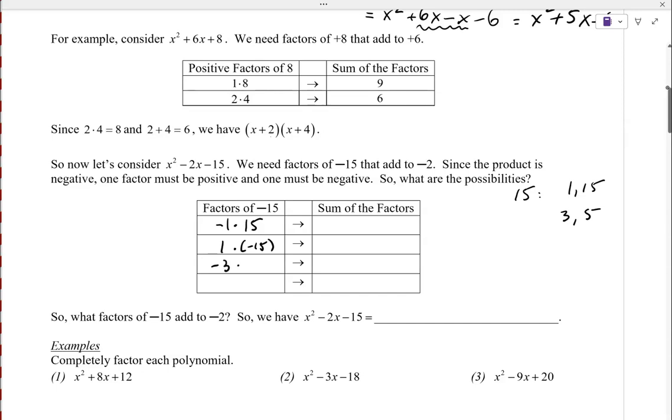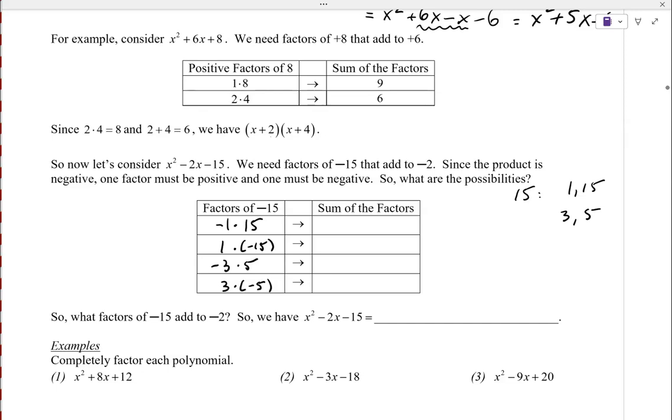We could do -3 times 5, or we could do 3 times -5. Okay. These are the only 4 ways that we can multiply together and get the -15. The only way to get 15 is 1 and 15 or 3 and 5. One has to be positive, one has to be negative. That's why we got the 4 ways we can do it. That make sense?